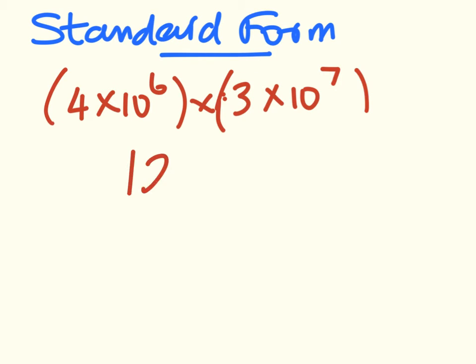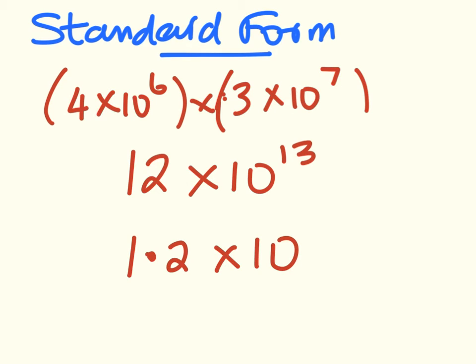4 times 3 is 12, then it's times 10. Next thing we look at is the powers, 6 and 7, and because we're multiplying, we do 6 add 7 to give us 13. The problem is, this number here is not between 1 and 10. So we need to make that 1.2.